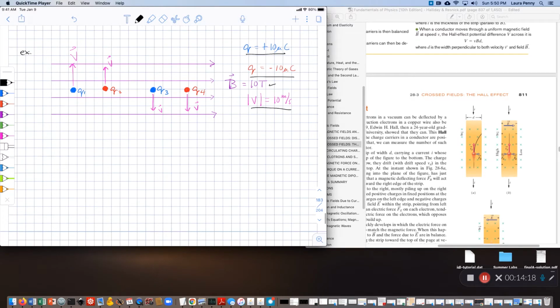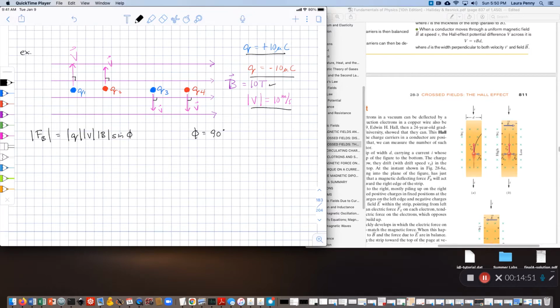So the magnitude is supposed to be the magnitude of the charge, the magnitude of the velocity, the magnitude of the magnetic field, and then the sine of the angle between the velocity and the magnetic field. Well, the angles between the V and the magnetic field are all 90 degrees.